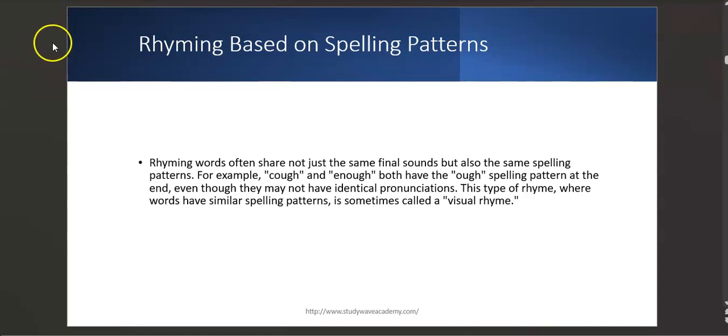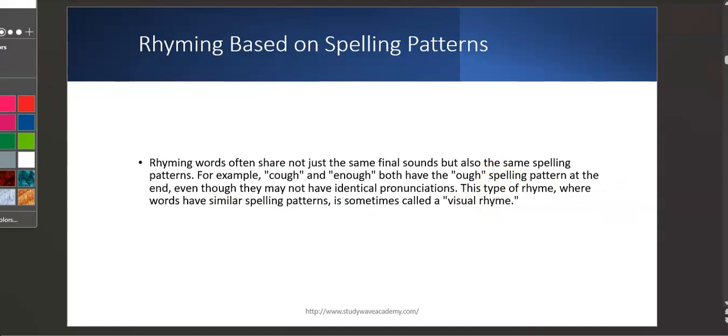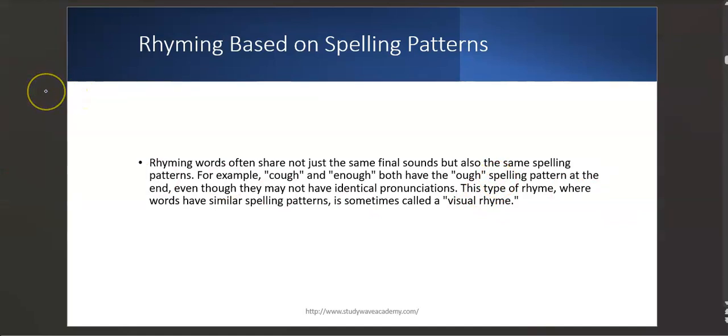For example, cough and enough both have the off spelling pattern at the end, even though they may not have identical pronunciations. This type of rhyme where they have similar spelling patterns is sometimes called a visual rhyme. Now class, I'm talking about the spelling pattern.